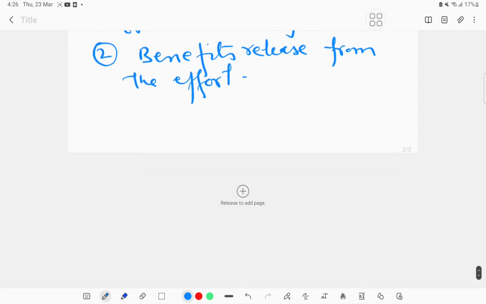Here, for the decision making authority, it is important to study the effort made to do the task and the resultant gain and benefit from the effort. If the gain or the benefit from the effort is more than the effort we spend, it will be beneficial for the decision making authority to carry out the task, and vice versa.